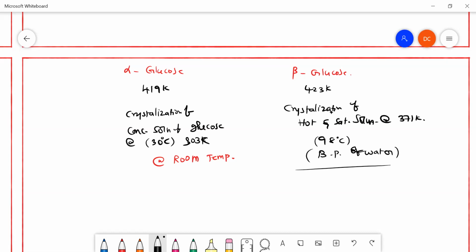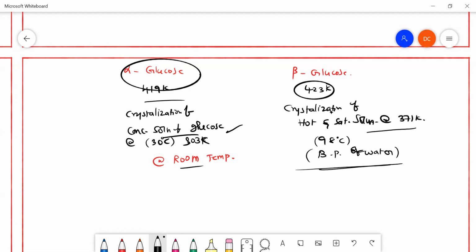So alpha D glucose melts at 419 Kelvin and beta at 423 Kelvin, and crystallization of a concentrated glucose solution takes place at room temperature itself. But here it requires a high temperature, near the boiling point of water, almost 100 degrees Celsius.